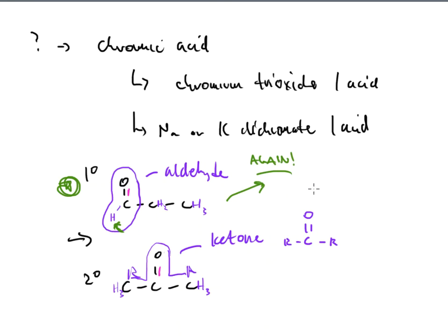But if it is allowed to go to completion, what happens here? I've got the carbon and the carbon and the carbon, and I just formed this double bond O, right? Okay, well, I can't have a C triple bond O. That doesn't make any sense, does it? Oxygen only needs 2 bonds. It doesn't want 3.